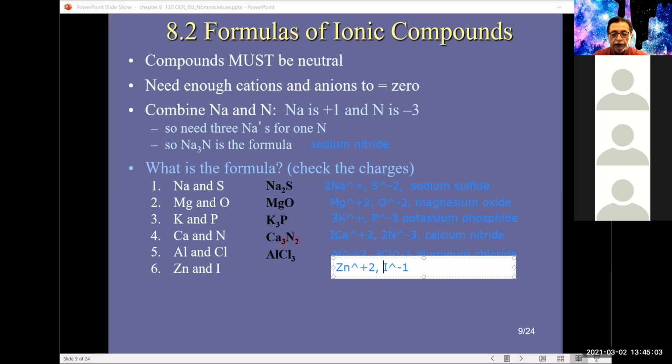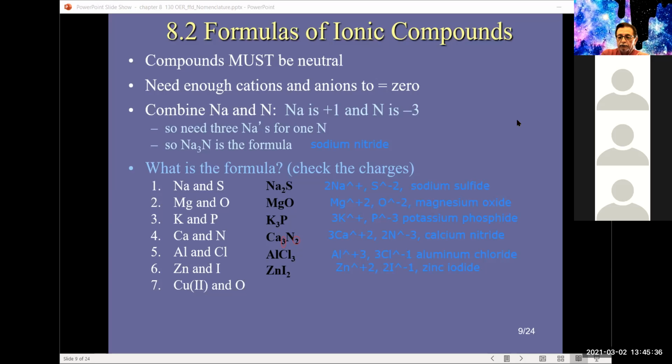We need 2 of the iodides. Zinc iodide is the compound, and we could have used chloride, bromide, oxide, or another combination. Any of these. So our formula is ZnI2 because we need 2 iodides to cancel out the +2 of the zinc.